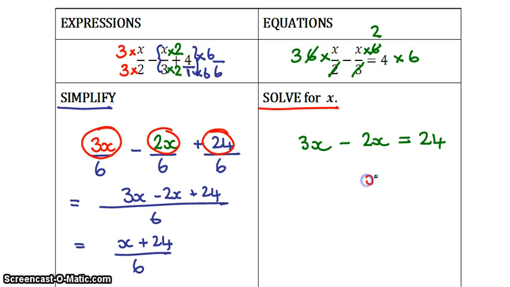So now I can simplify, and I get x is equal to 24. So please don't, when you're simplifying an expression, think you can magically get rid of this denominator. You only multiply by a denominator when you are simplifying and solving an equation. So it's a very important difference.